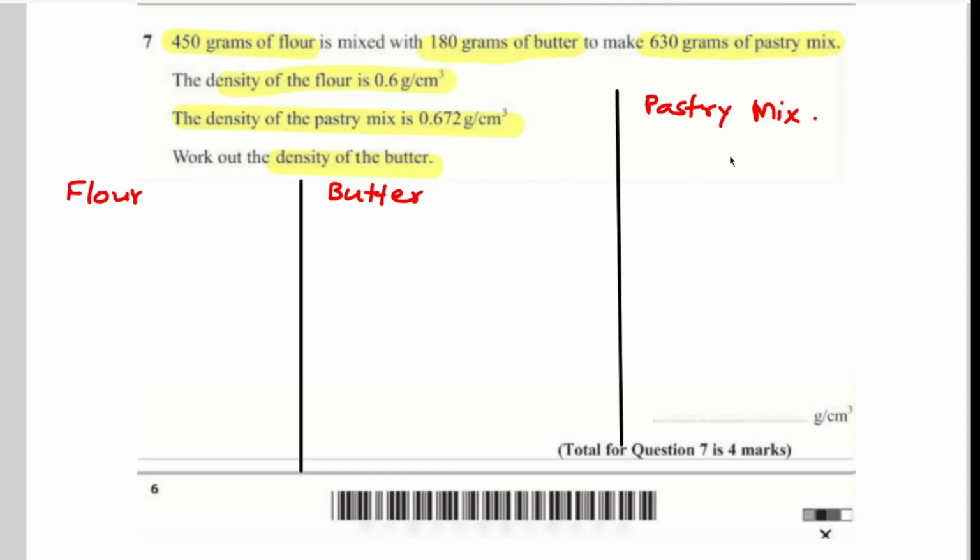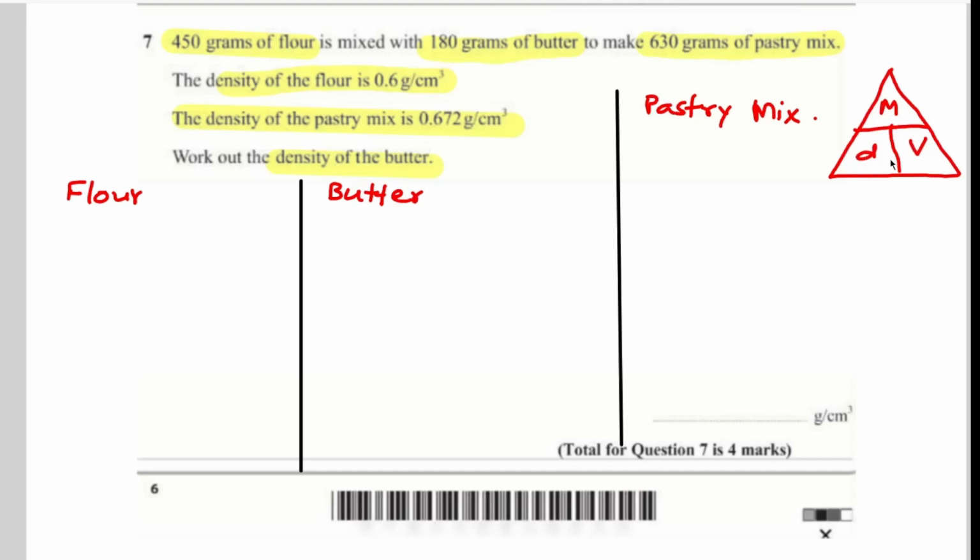Density equals mass over volume. So if you can memorize this triangle, density is here. The order matters. So density should be in this corner, mass should be here, volume should be here.